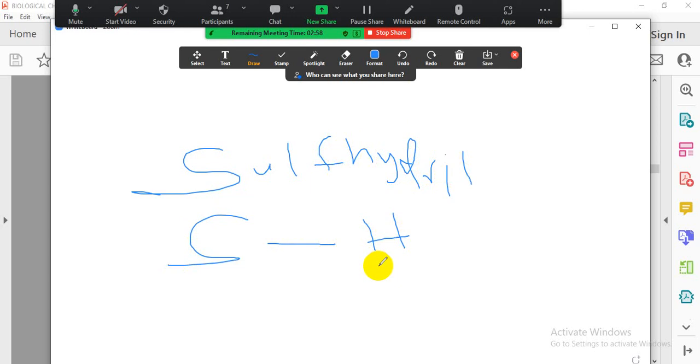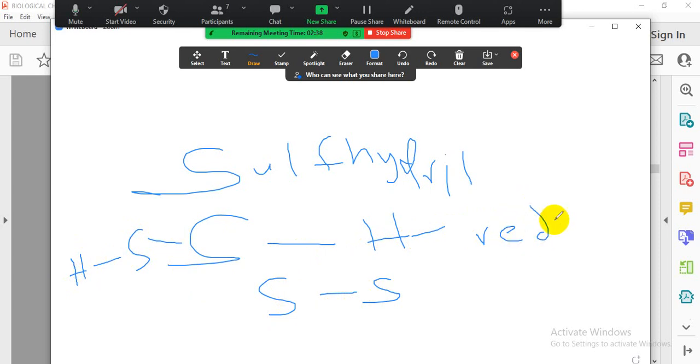If it is oxidized, what does that mean? Oxidation means removal of hydrogen, and so this is reduced, addition of hydrogen. Then when we remove the hydrogen, it becomes oxidized.